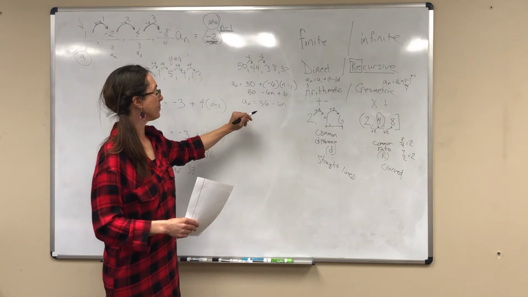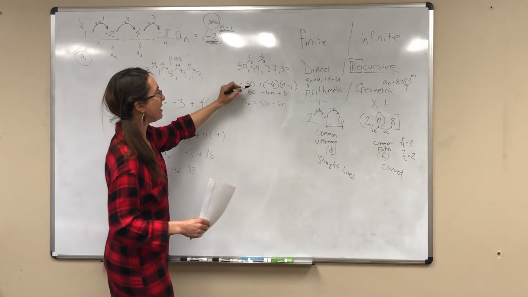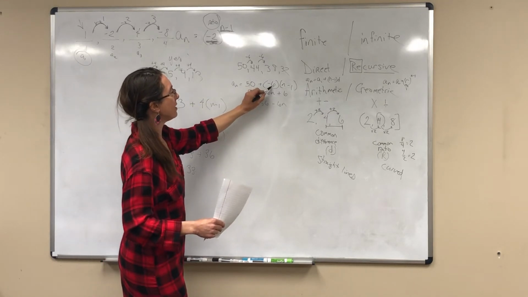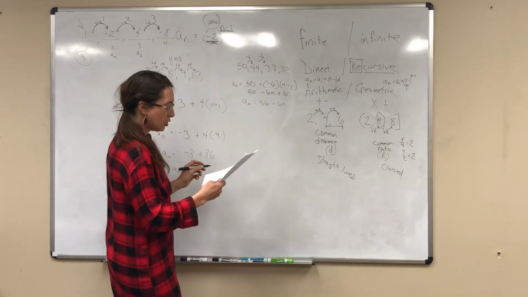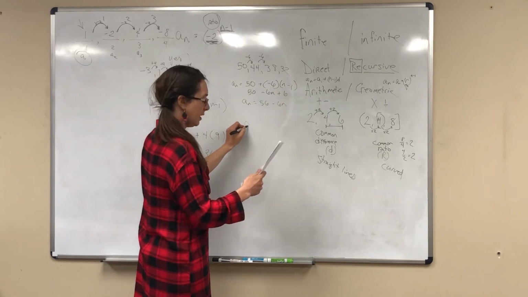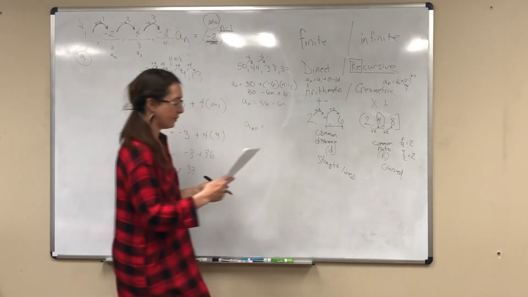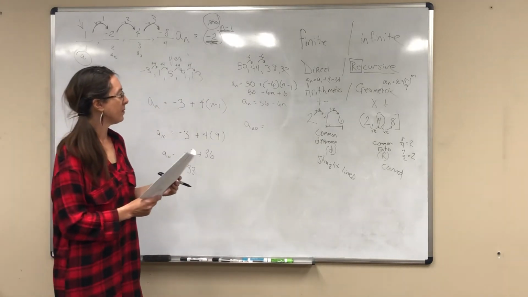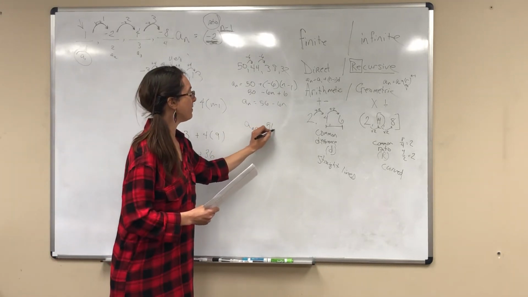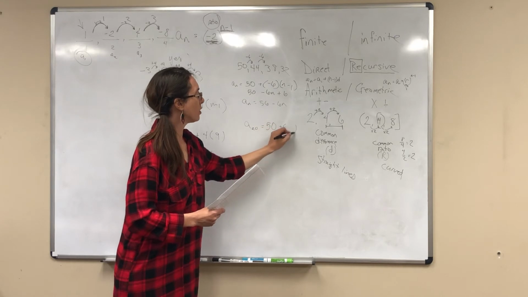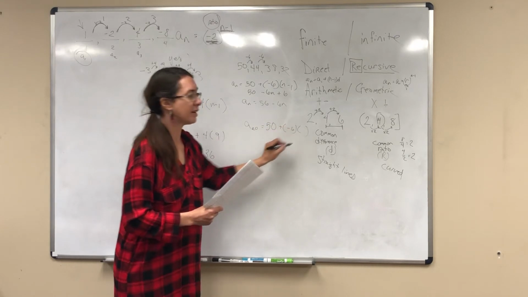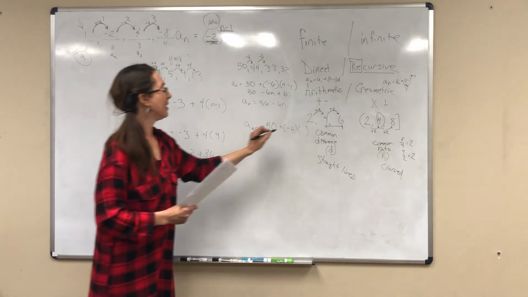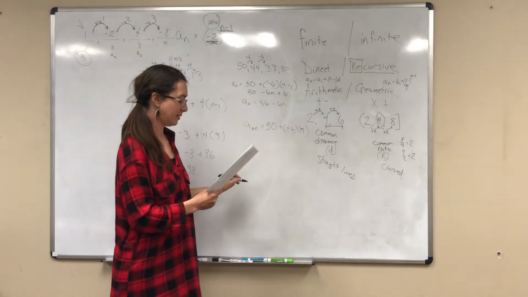Got it? So we start at 50. We are jumping -6 how many times? So what is a sub 20? We're starting at 50. We're jumping -6 how many times? 19 times.